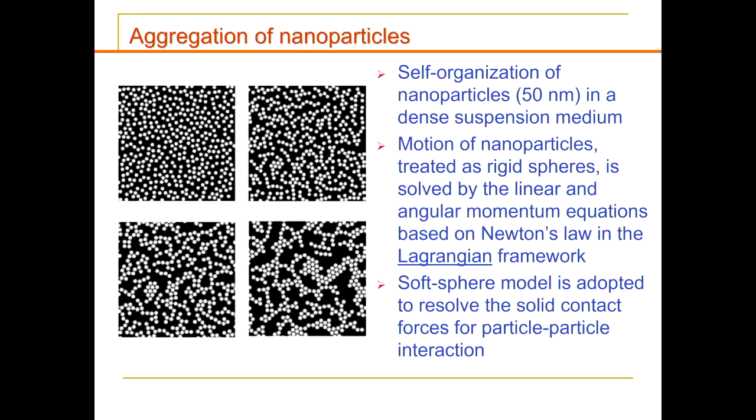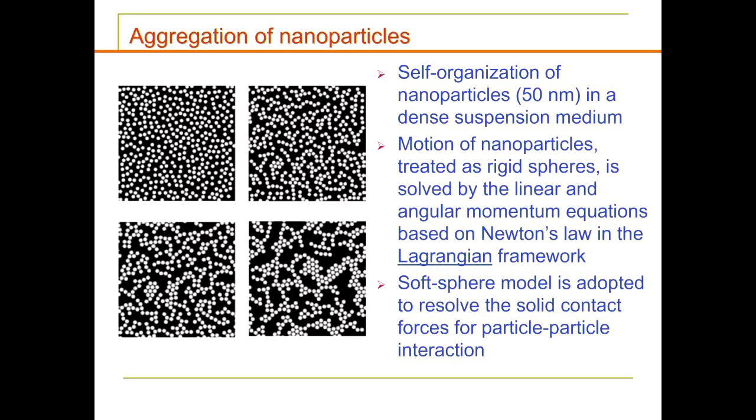Now, this is the type of work we've been carrying out in our research group as well. We've been looking at nanoparticles as well as microparticles. This is one example of how you can use CFD to look at the aggregation of nanoparticles. Why is it important? Firstly, we want to see the self-organization of these particles, and secondly, to determine the structures for some other purpose.